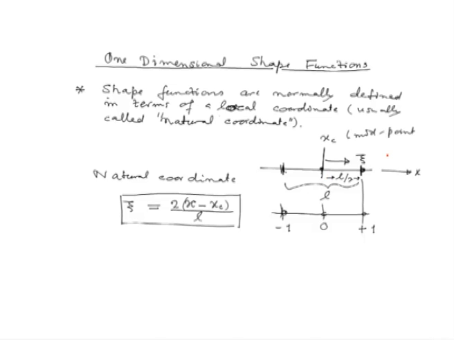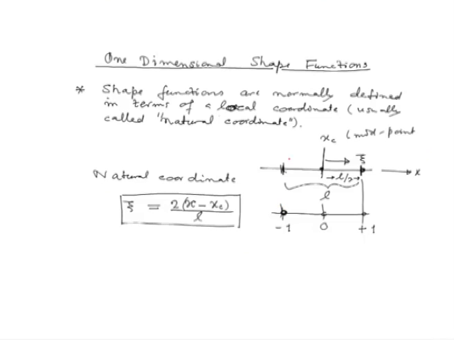So, x minus x_c is L by 2, twice of that is L divided by L, that will give us a value plus 1. Similarly, we can see why the natural coordinate of the node A should be minus 1. So, this is our definition of natural coordinate for one dimensional elements.